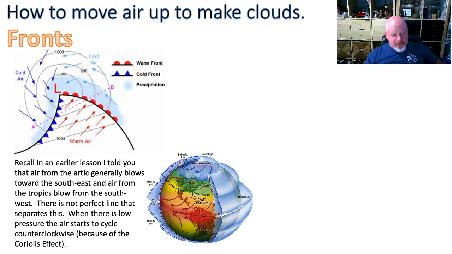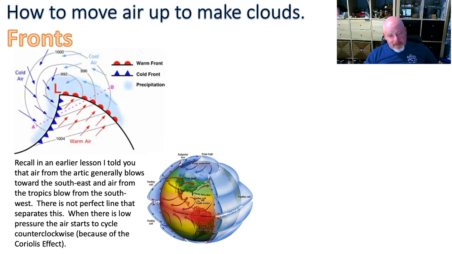And in some situations, if you get a low pressure system, air that's moving up on that line, then what's going to happen is you get that cold Arctic air coming down like this, and warm tropical air coming up like this. It's all going to go around in a circle, and that cold air is going to run into that warm air, and that warm air is going to run into that cold air.